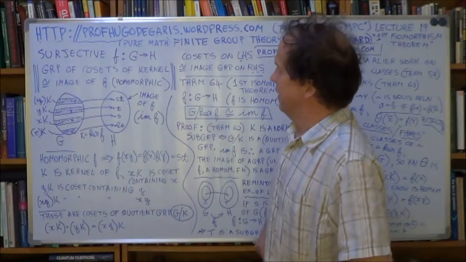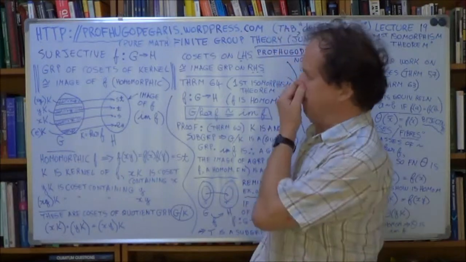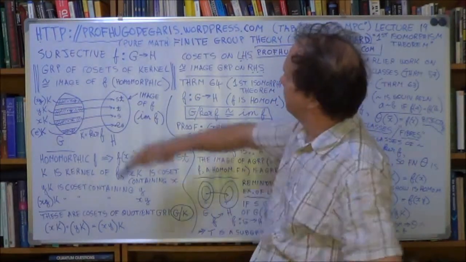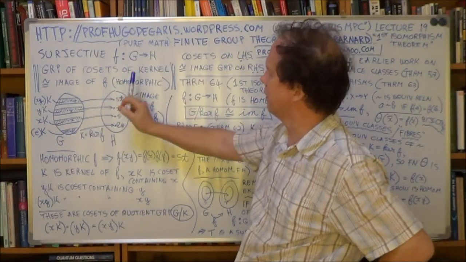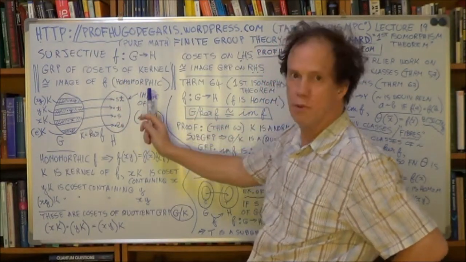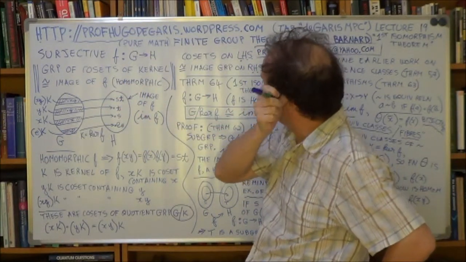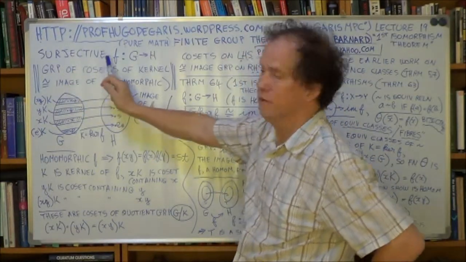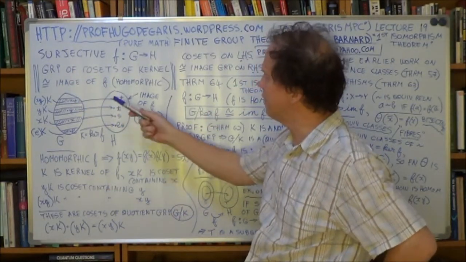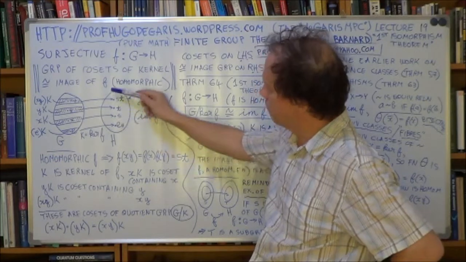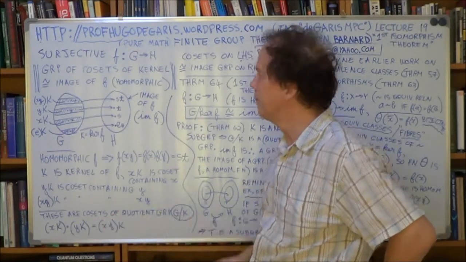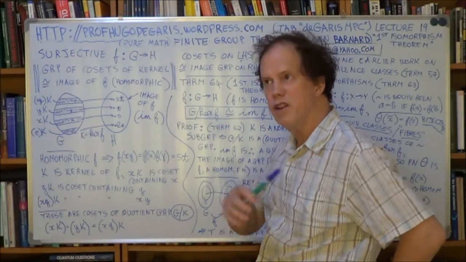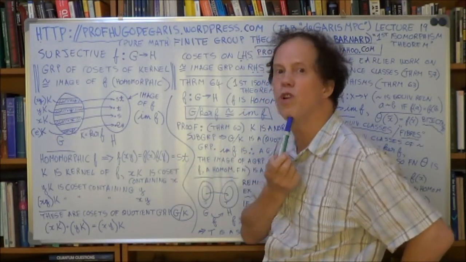So what is it? Well, your mapping function f has to be homomorphic, but it also needs to be surjective. Remember, surjective means that every member of your codomain, your target set, gets mapped to. Right? There are no loners.